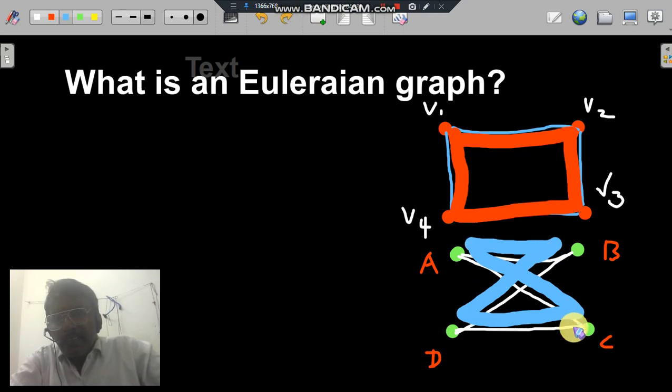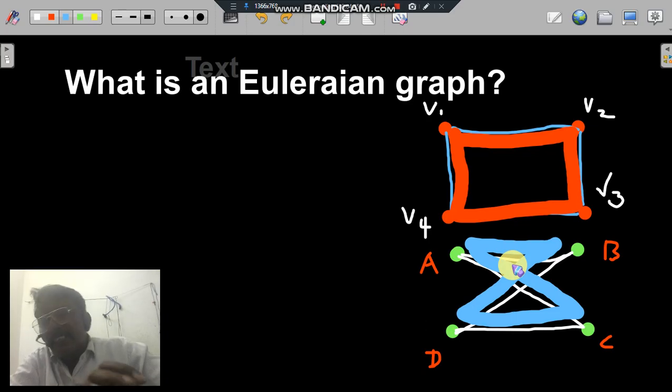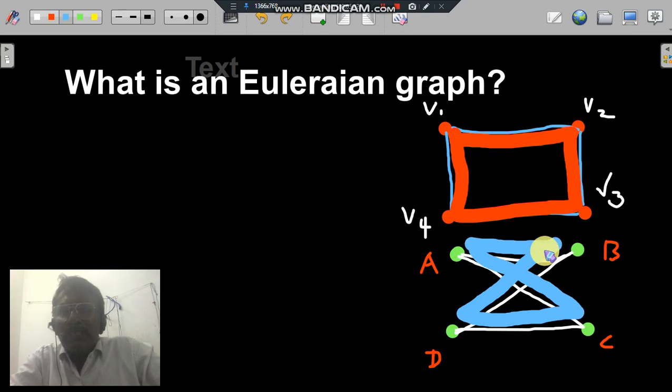This is a cycle such that each edge comes only one time. Or another way to say it is that this cycle contains each edge only one time. AB comes only one time, BD one time, DC one time and CA one time. So this is a cycle that contains each edge of this particular graph only one time.